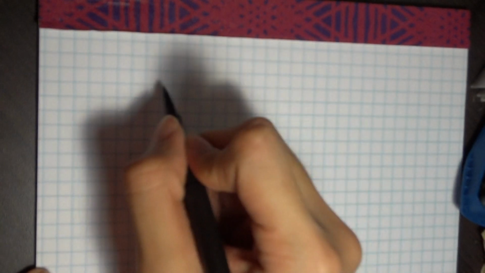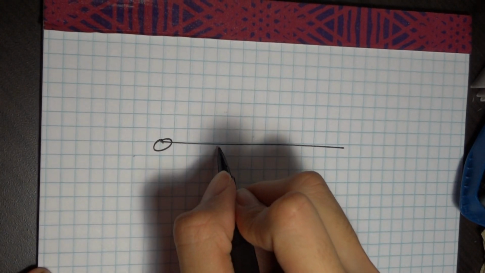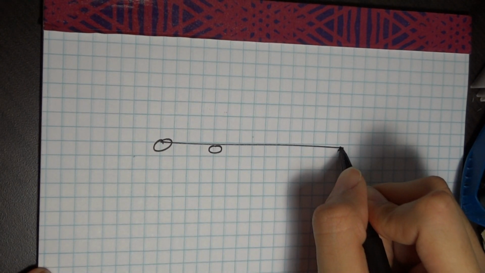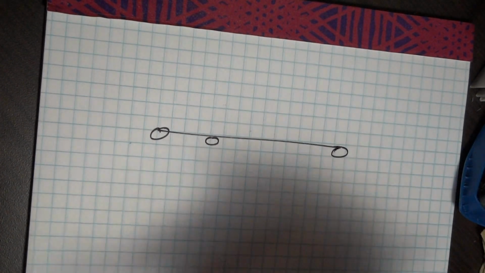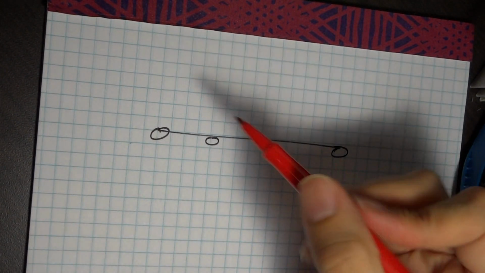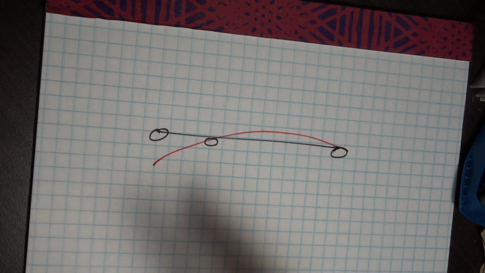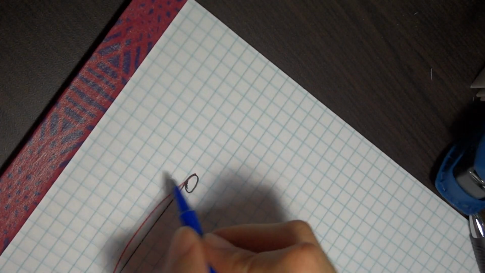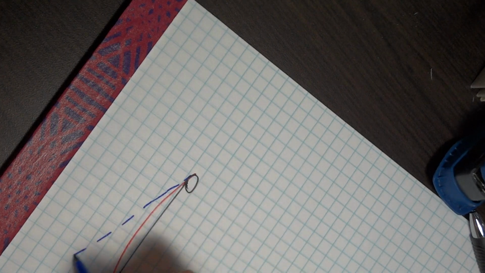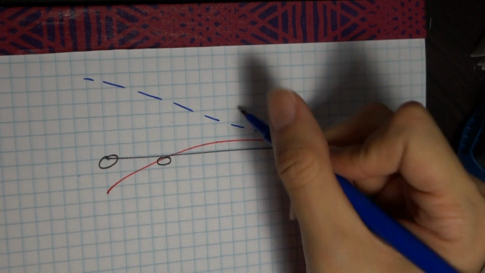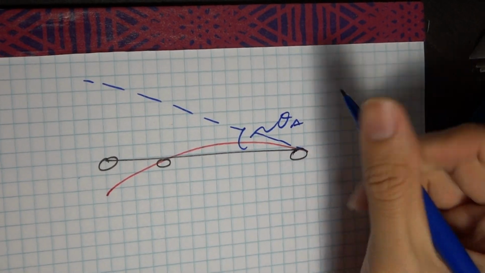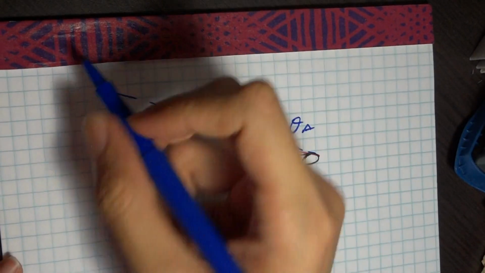If I look at just the right-hand side of that diagram, let me draw it like this. This is my hinge. This is my roller, and this is my other roller. My deflected shape, I already said, looks something like this. My tangent line, I know this angle now. Therefore, I can find this distance.